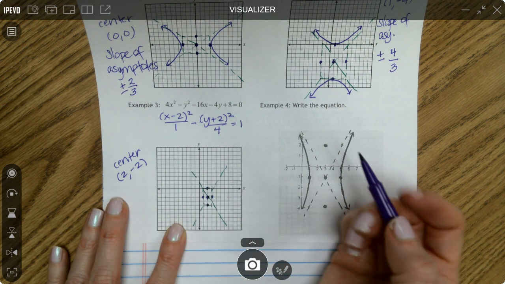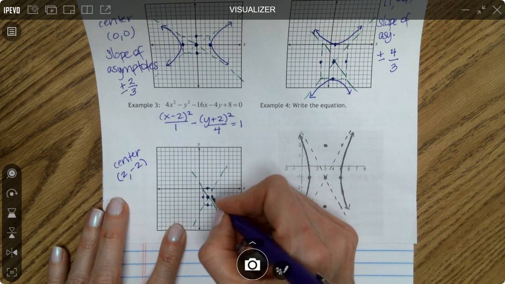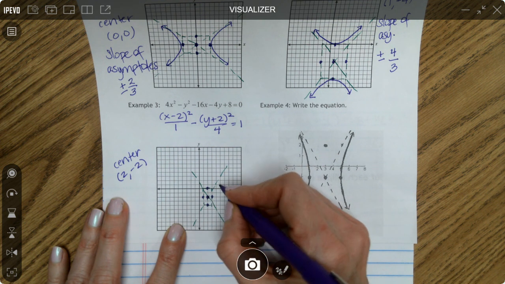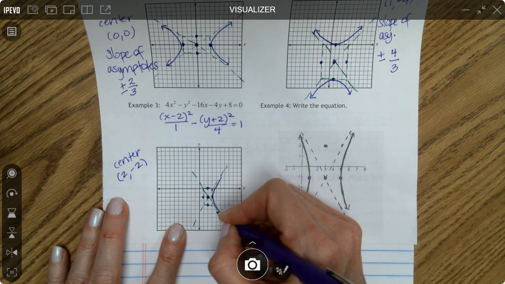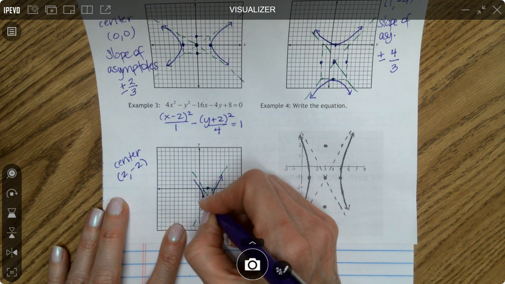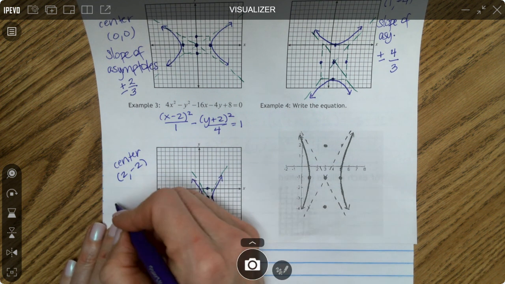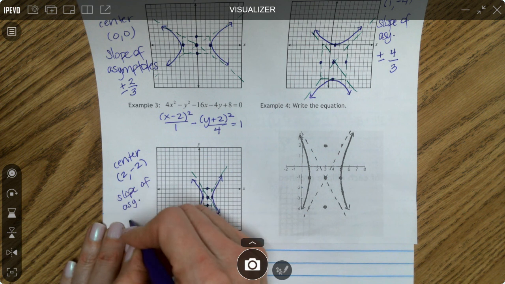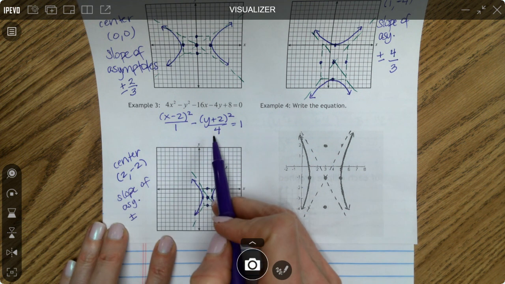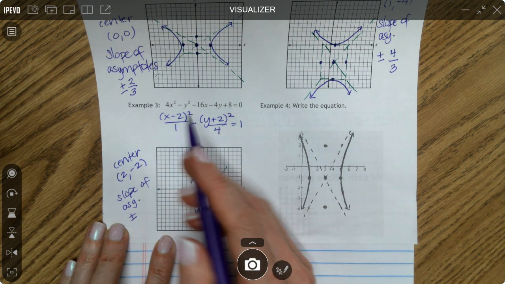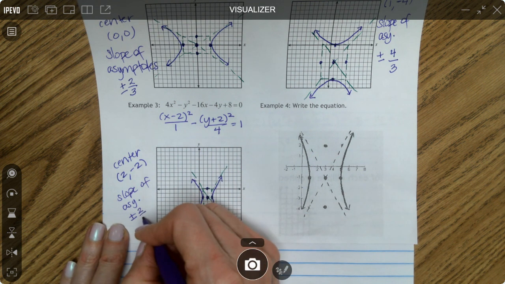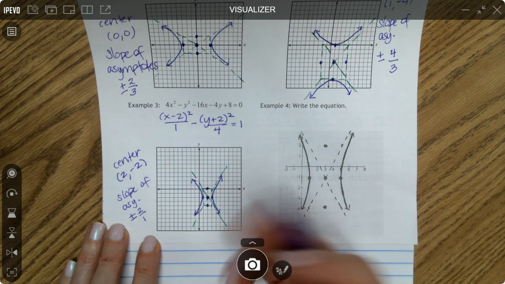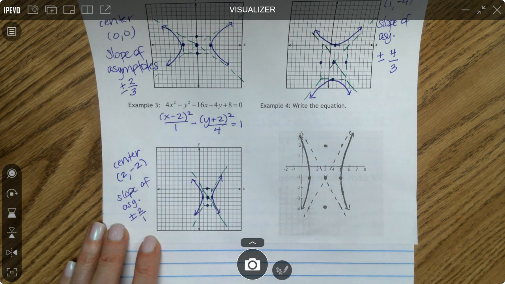Since x is first, I'm going to draw through the vertices to the right and left of the center, hugging the asymptotes. And the slope of my asymptotes, plus or minus, I went 2 in the y direction and 1 in the x direction. You can write plus or minus 2 over 1 or just plus or minus 2.